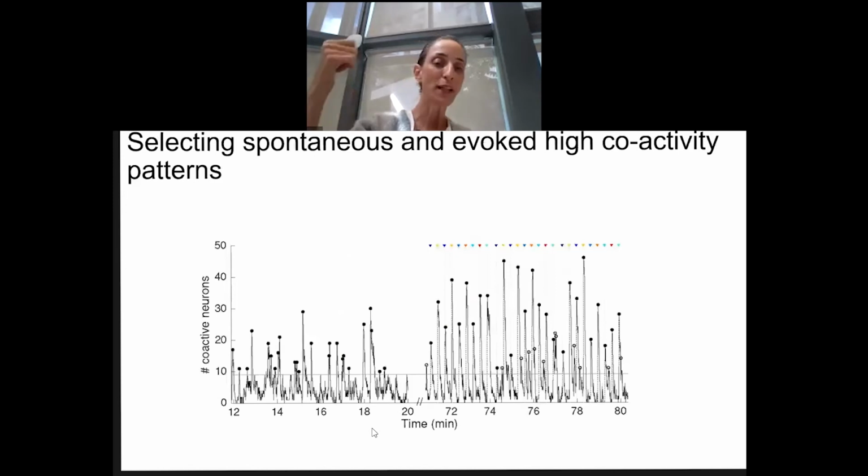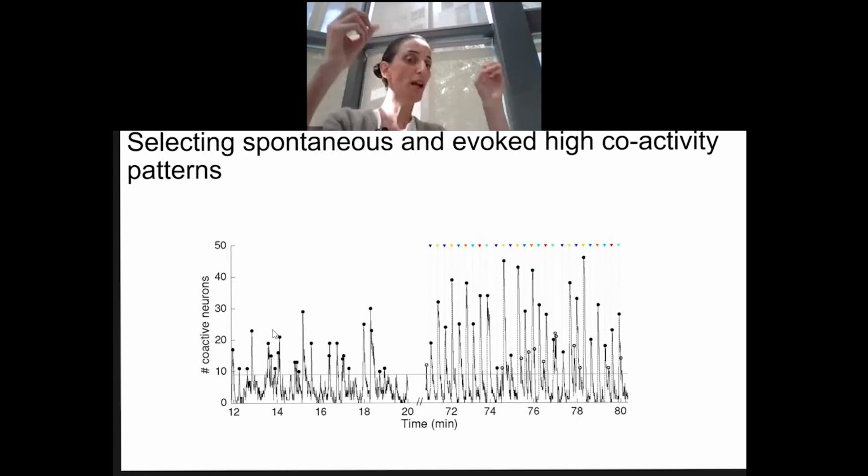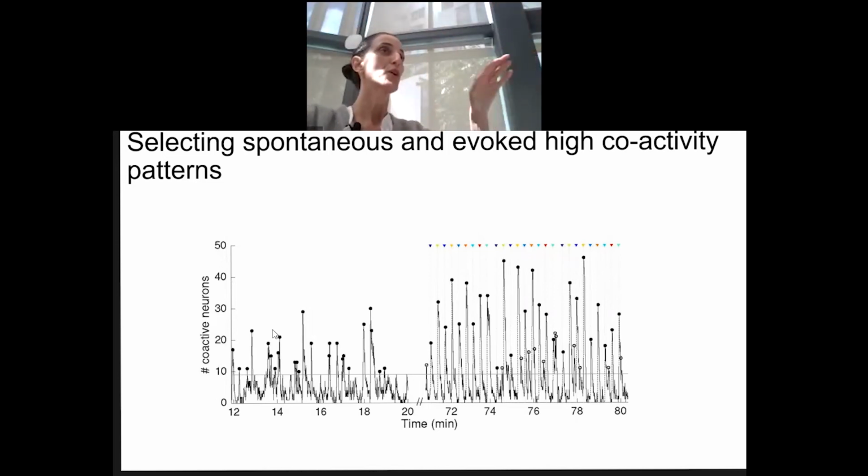So we took another step further to try and understand what's going on there. What we are looking at here is 8 minutes of activity in the dark, and then 8 minutes of neural activity during the stimuli. On the y-axis is the number of neurons that were co-active, how many neurons were active at every time point.